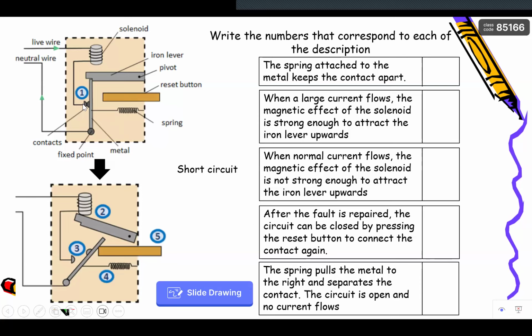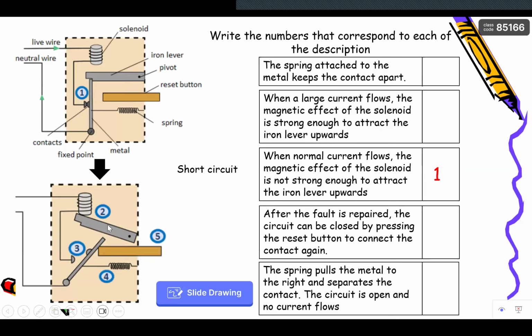So in the first step, you will see that the contact is being closed. When a normal current flows through this solenoid, the magnetic effect will not be strong enough to attract this iron lever up. So this iron lever will keep the contact in place, and the circuit will still work.